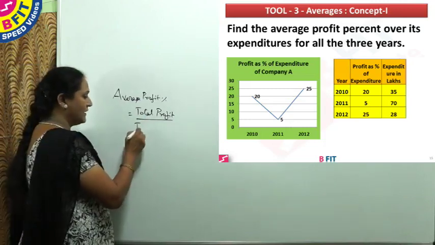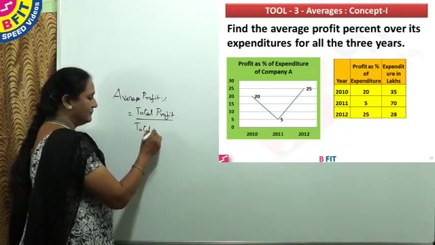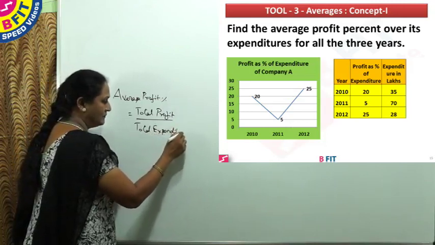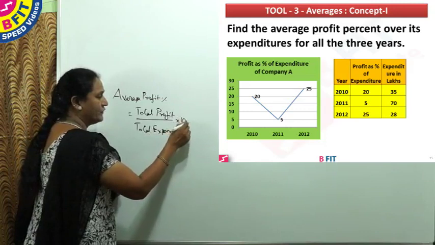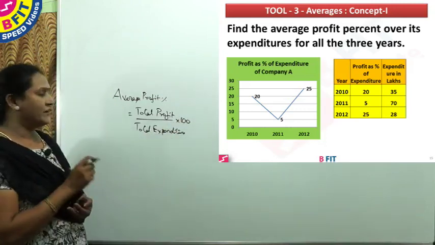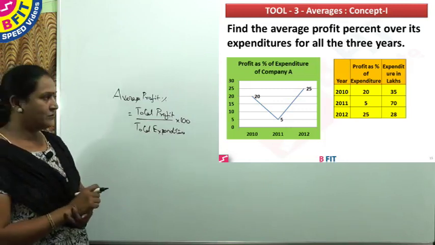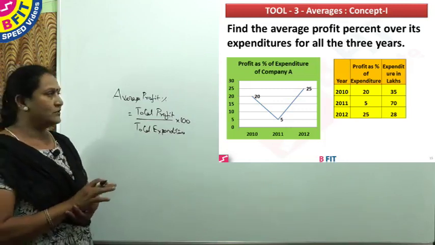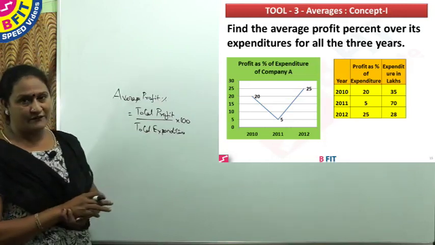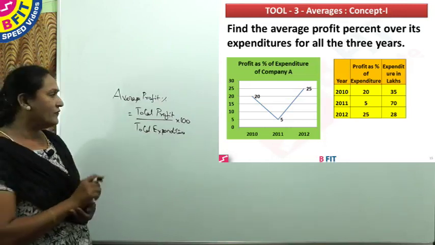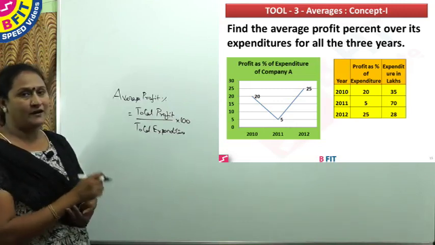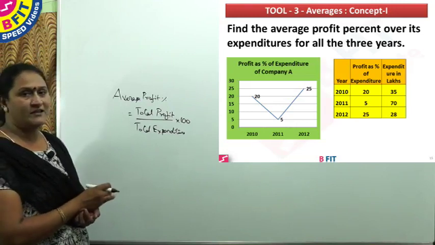So we get total expenditure, into 100. So for percentage, we'll multiply the fraction with 100. So whenever the bases are different, when expenditures are different, don't find the average for the given profit percent from the graph, find the actual profit divided by the total expenditure into 100.